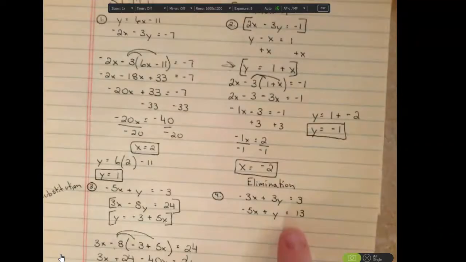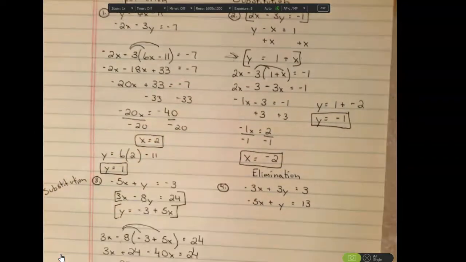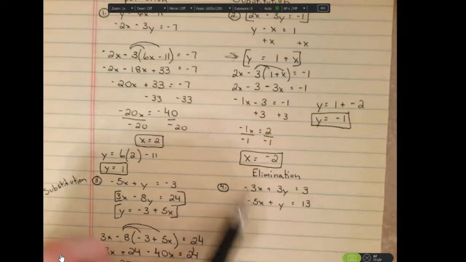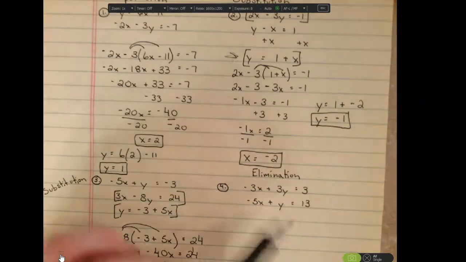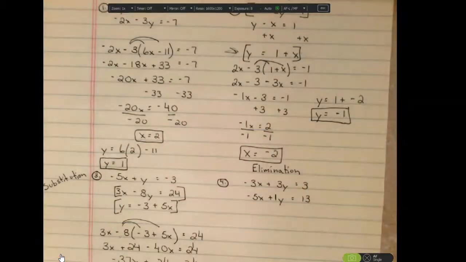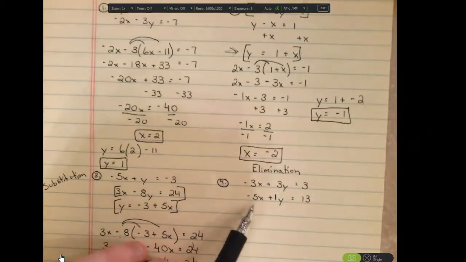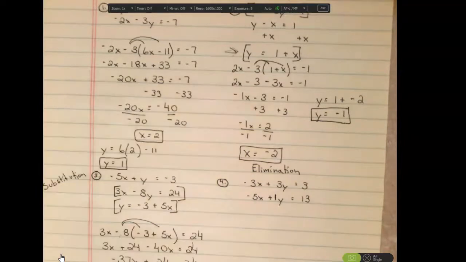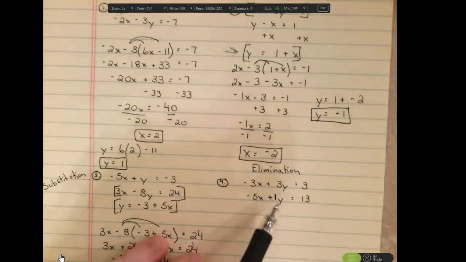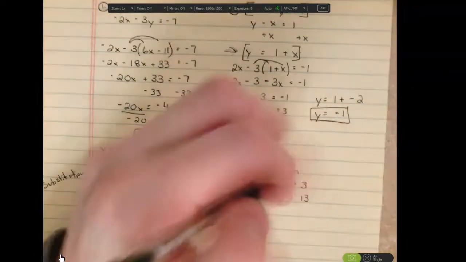So remember, to eliminate something, I needed this front number on one of my variables to be the same. So I need to get one of them to match. A 3 and a 5 is not the same. 3 and a 1 is not the same. I cannot multiply a 3 by something to get a 5, and I cannot multiply a 5 by something to get a 3. I can multiply something by 1 to get a 3, and that something is a 3.